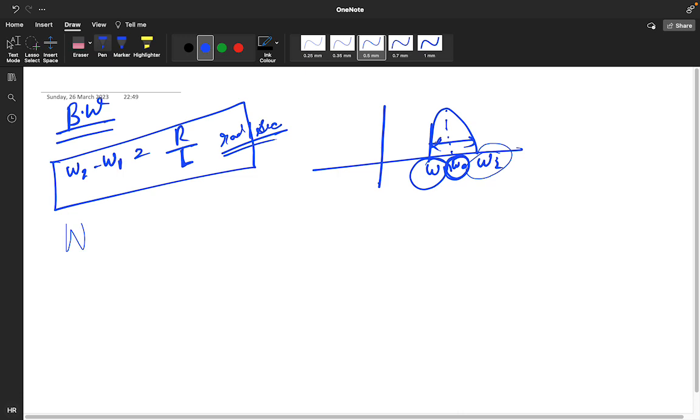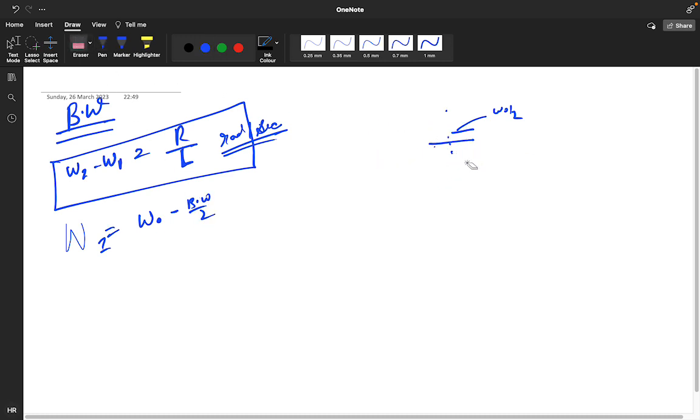So if I want to find the value of this particular omega 1, I am assuming this is my bandwidth by 2 value, and this particular is my bandwidth by 2 value. So what will the omega 1 value be? Omega 1 will be omega naught minus bandwidth by 2.